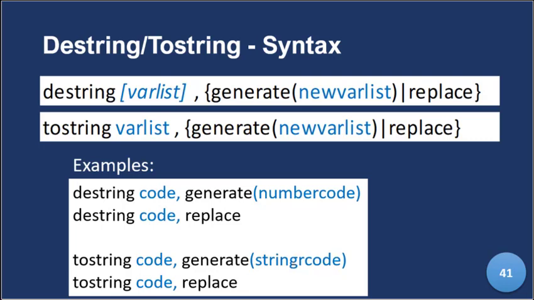Now, I told you sometimes there's a need to keep the original. I want to see the original code in red, and I want to see the new number code in black. The same thing, tostring code will generate a string code, and then you have the original code. But when you say tostring code, comma, replace, the red turns to black. All this we will show you in our practical class.